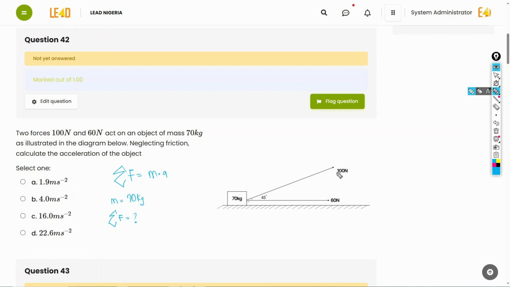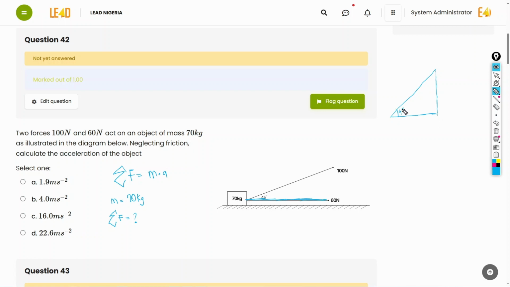The reason is that not all of this 100 newtons is actually useful in the horizontal motion. There's just a component of it, the x component of this force, that is useful. Thankfully, this follows the same principle as your regular right triangle SOHCAHTOA angle-side relationship.